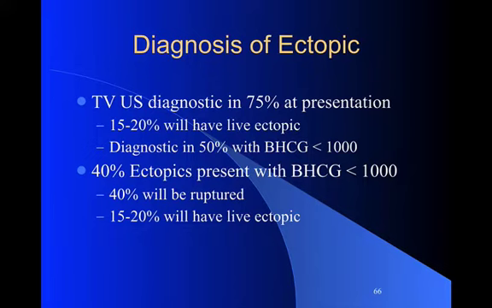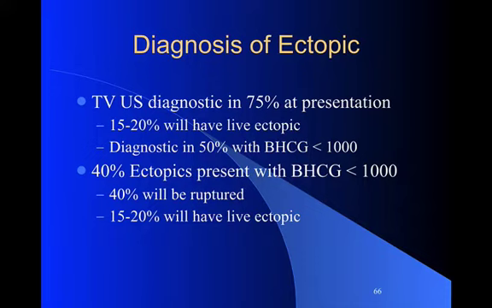Transvaginal ultrasound will be diagnostic in 75% of patients at presentation. Of these patients, 15 to 20% will have a live ectopic. And even at very low beta HCG levels, less than 1,000, our transvaginal ultrasound will be diagnostic in 50%. 40% of all ectopics present with very low HCGs, less than 1,000.